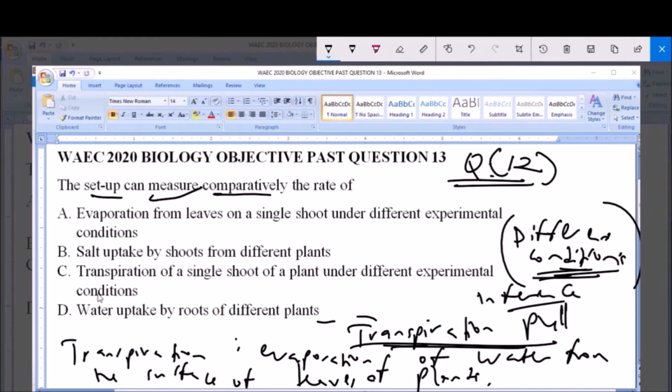So option C says transpiration of a single shoot of a plant under different experimental conditions, and as we have said, you can use that setup to measure the transpiration pull under varying conditions. So option C is the correct answer to this question.